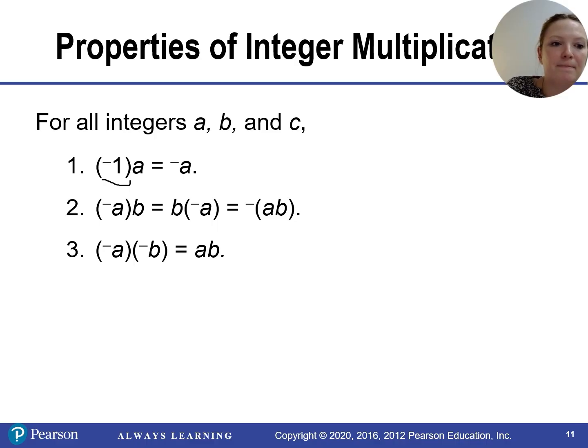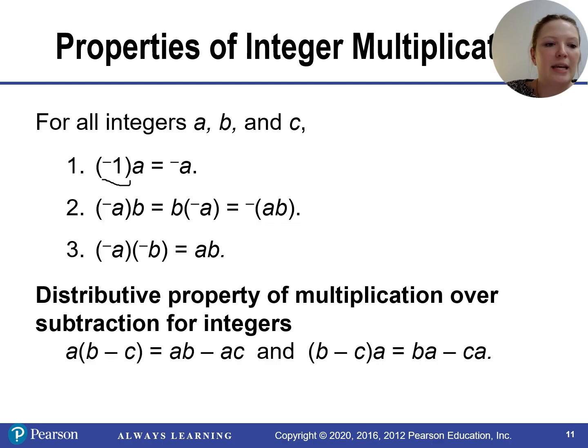Then negative a times b is the same thing as b times negative a because of the commutative property, but then we can also think about this as the negation of a times b. And then if we have the negation of a times the negation of b, then that result is just the multiplication of a and b. You've probably heard the phrase that two negatives cancel each other out.